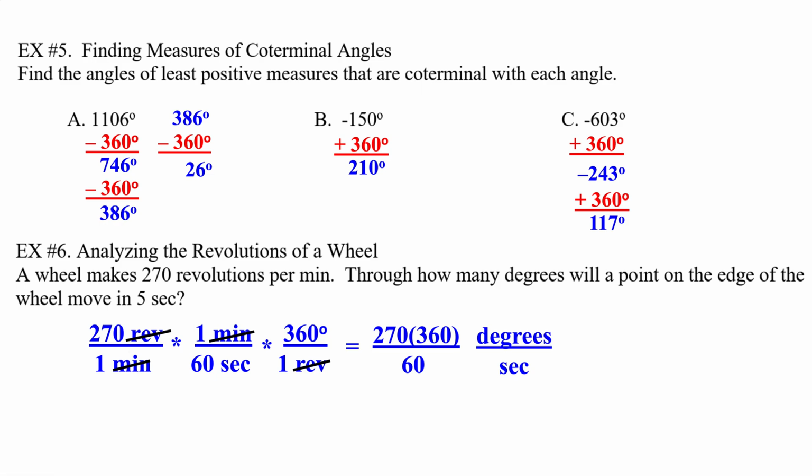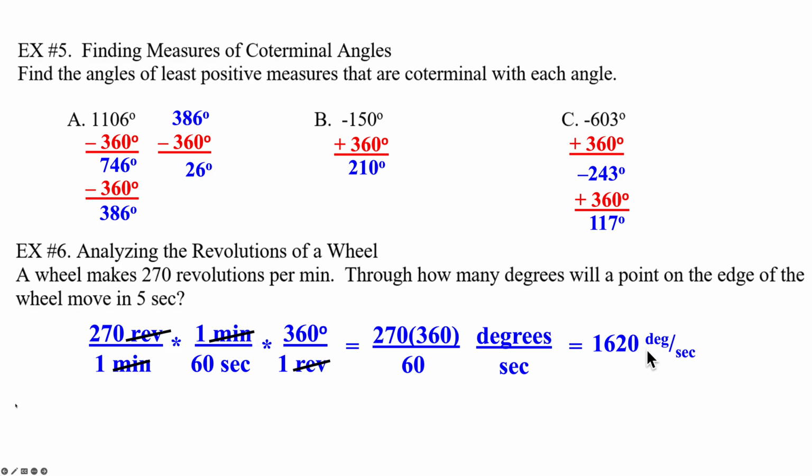270 times 360 divided by 60, or if you wanted to, 60 can go into 360 6 times and multiply that by 270. That's going to give me 1,620 degrees per 1 second. Okay, now they just wanted my answer in degrees for 5 seconds.